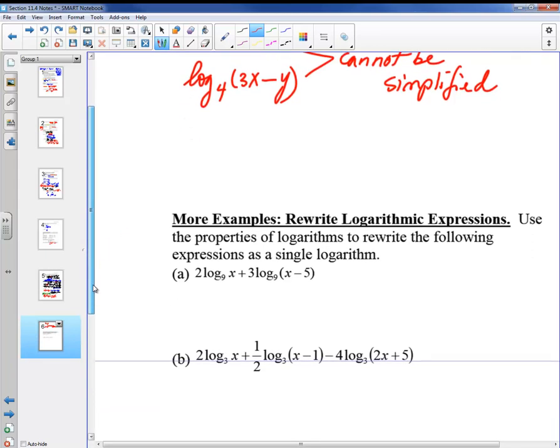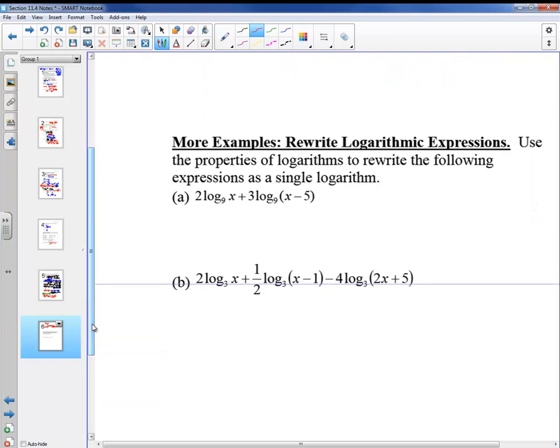Okay, now here are some more examples, and these ones are the kind where you are asked to rewrite as a single log. So you're going backwards from most of the ones we did before. So we start with order of operations. That will be 2 times the log, 3 times the log, and then the addition. So we do that power, that coefficient first in the power rule.